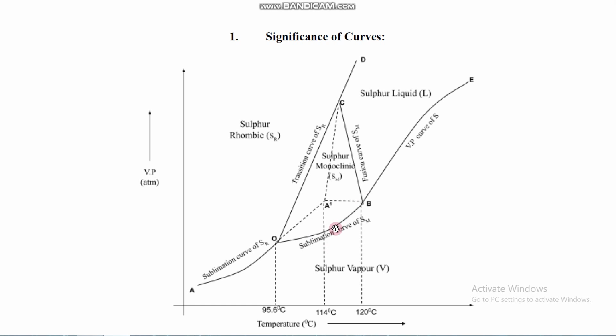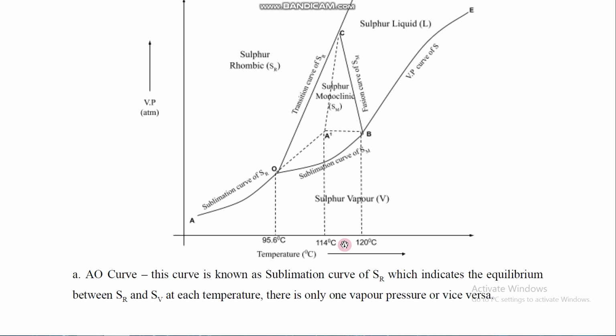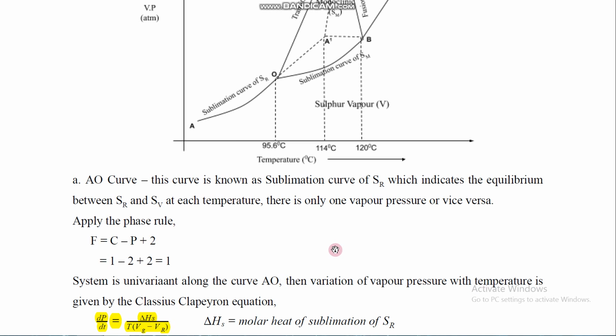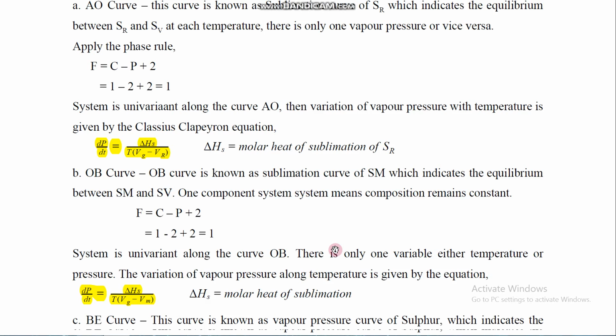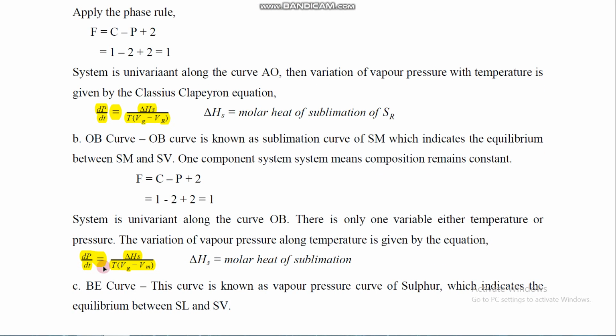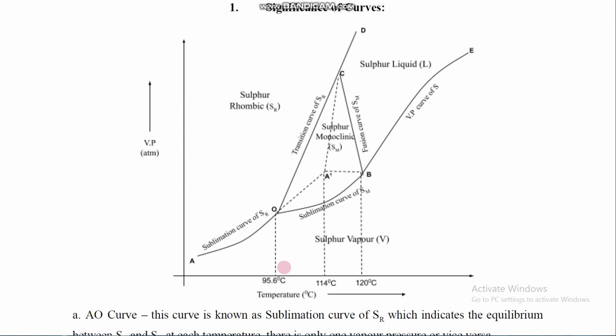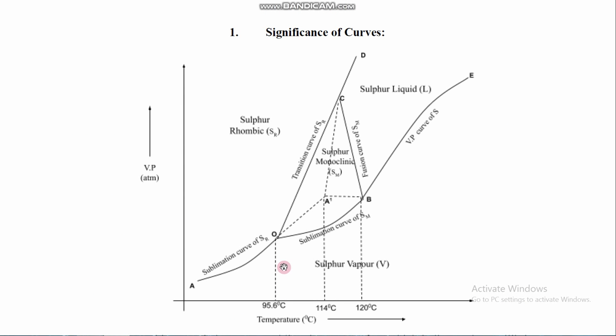Here also the variable is either temperature or pressure. When you apply the Clausius-Clapeyron equation, dP by dT is equal to delta Hs by T into (Vg minus Vm), the variation of vapor pressure with temperature. Here delta Hs is the molar heat of sublimation of sulfur monoclinic. So this is the second curve, the OB curve.